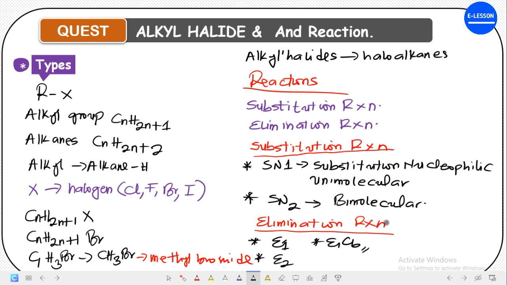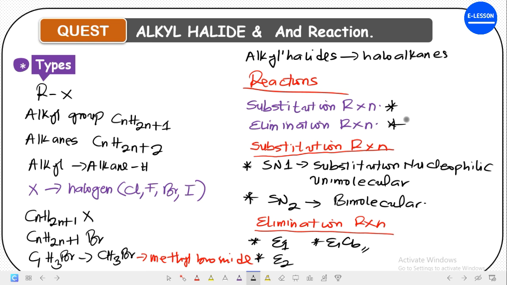Now, let's look at each of the examples. But before I talk about each of the examples, because alkyl halides can undergo either a substitution reaction or an elimination reaction, we can say that there will be a competition between substitution and elimination wherever you find alkyl halides. Let me go over that again.